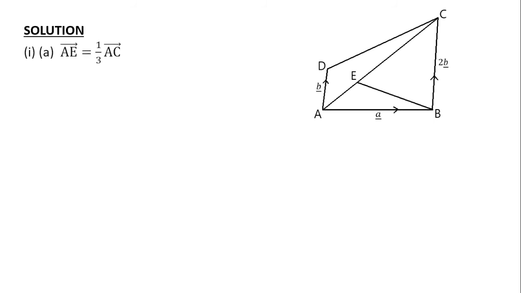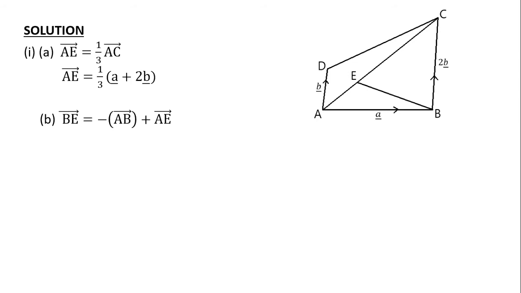So take it step by step. We are going to say AE equals 1 over 3 AC. The question is saying AE to AC is equal to 1 to 3.